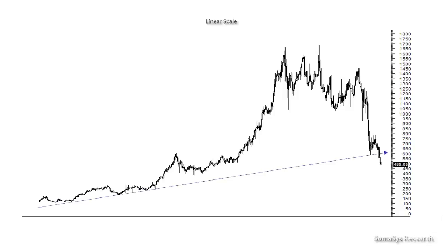Now, someone who has drawn this trend line is watching for its break, which happens here. Another trader has drawn this trend line here and is watching for its break to exit long position, which happens over here.